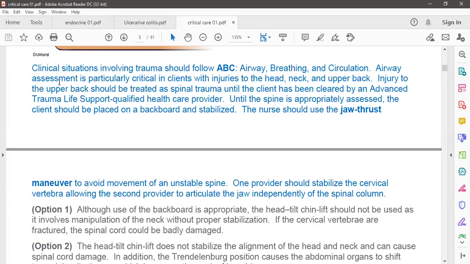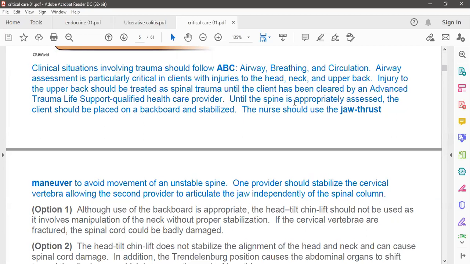Airway assessment is particularly critical in the client with injuries to the head, neck, and upper back. Injury to the upper back should be treated as spinal trauma until the client has been cleared by advanced trauma life support or a qualified healthcare provider.